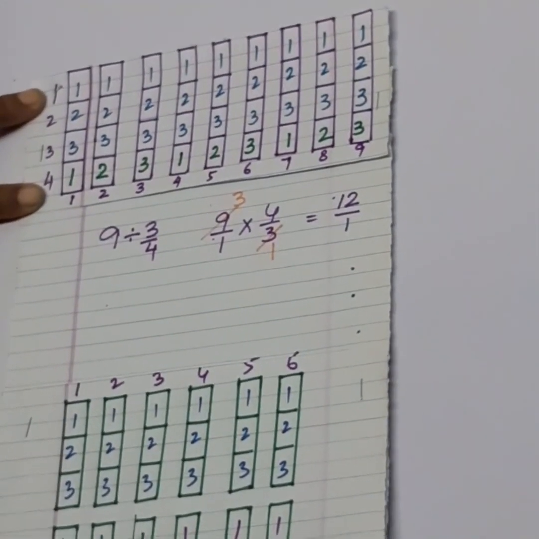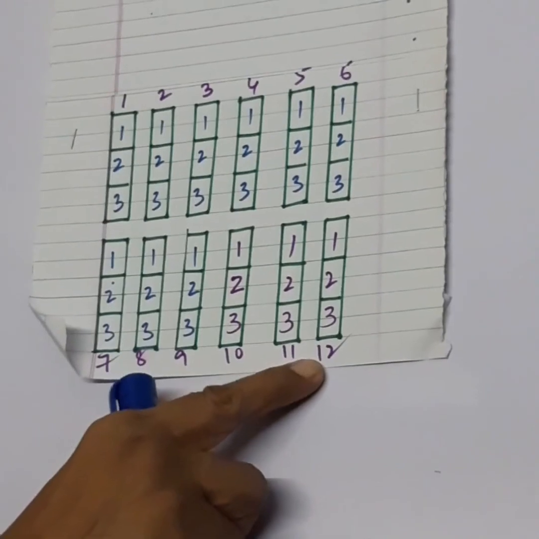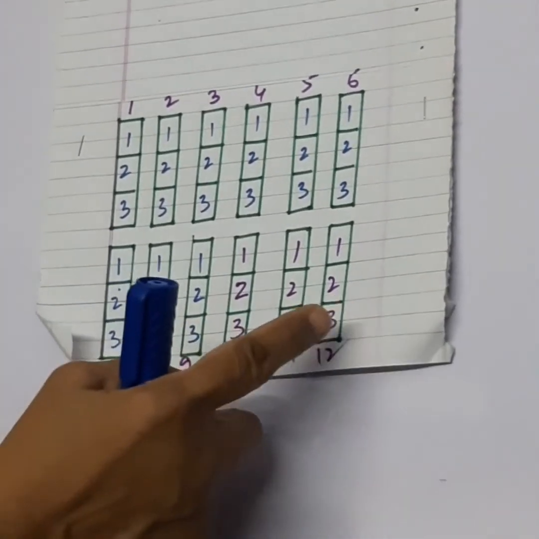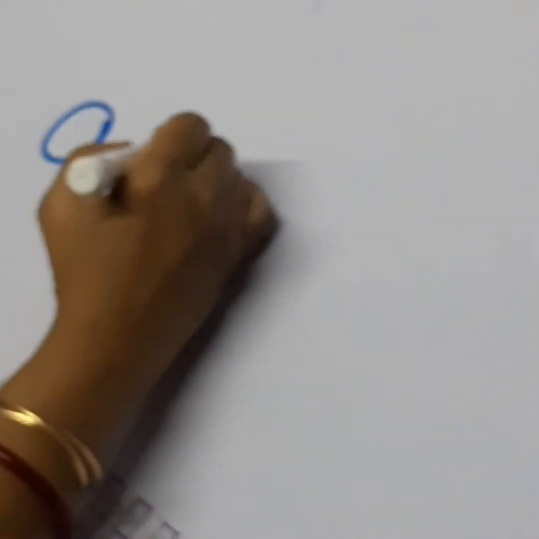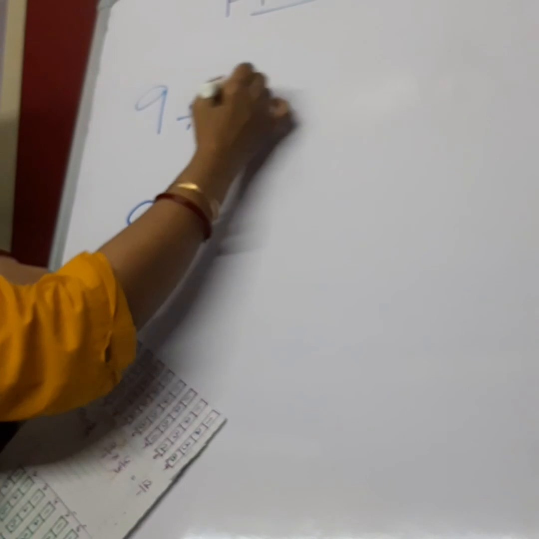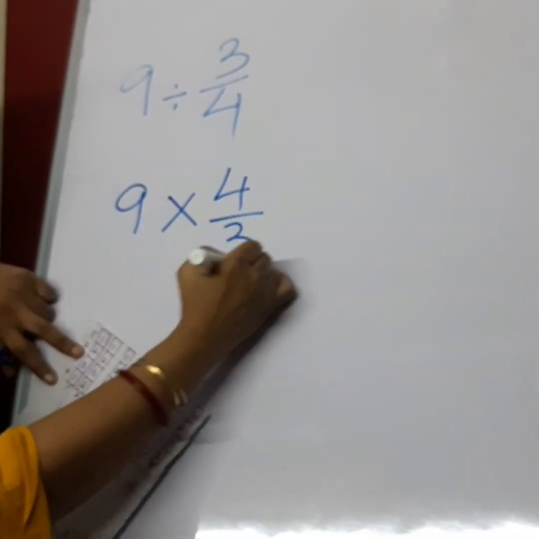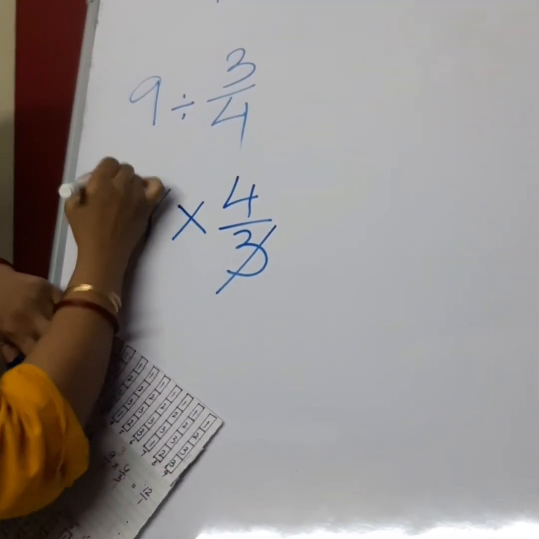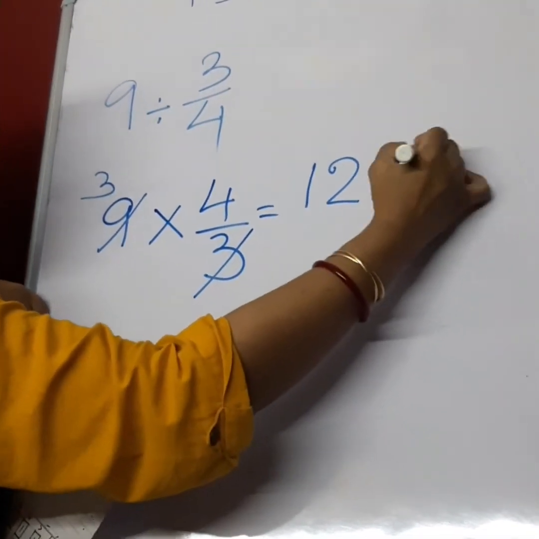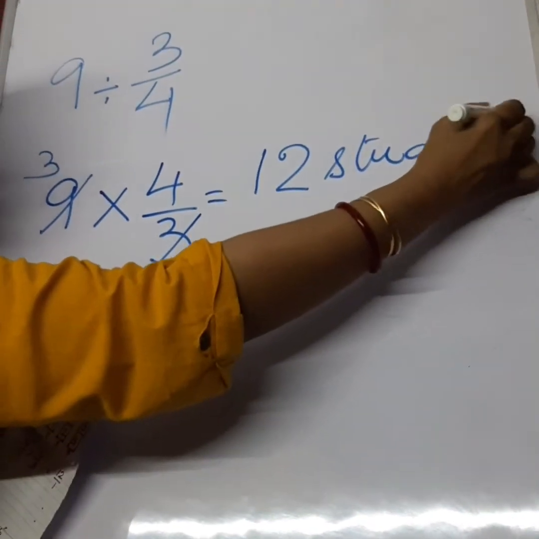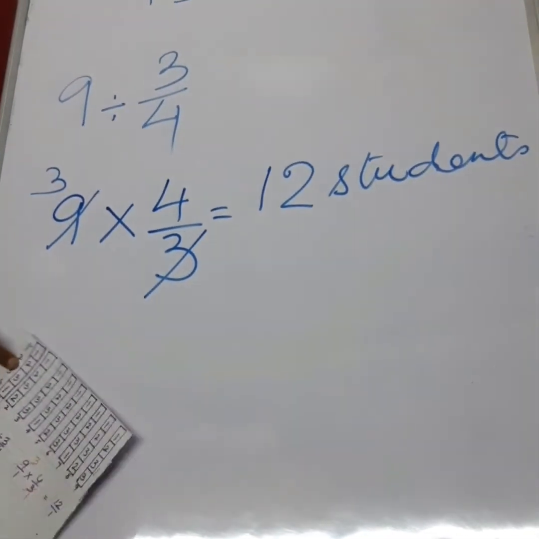So I am getting 12 students to give 3/4 chocolate to each. Here 9 multiplied by the reciprocal of the second number and then cancellation. See, 12 students can get 9 chocolates if I distribute 3/4 to each one of them.